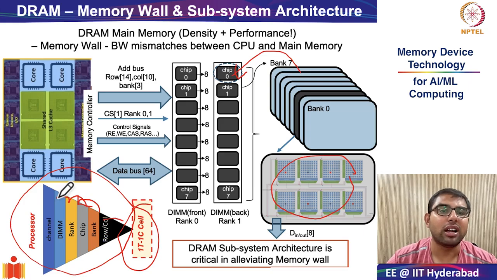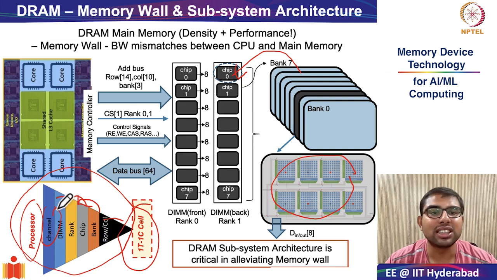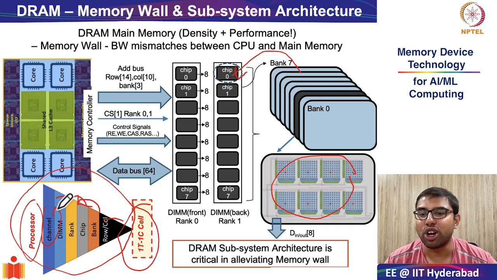Okay, and the processor through single or multiple channels actually interacts at a time with one rank in a dual inline memory module. These dual inline memory modules are something you might have seen or even bought yourself. You might have taken them from Amazon and you might have fit it into your CPU motherboard slot.